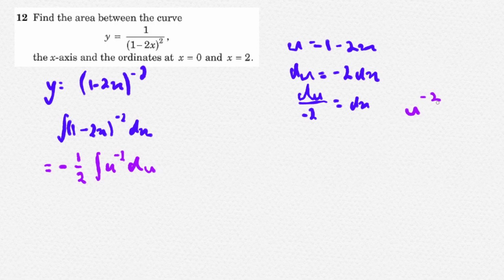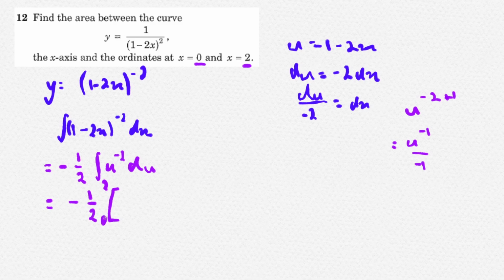The integral of u to the power of minus 2 would be u to the power of minus 2 plus 1, which will give you minus 1, divided by minus 1. So let's write this down. Minus half times u to the power of minus 1 over minus 1.